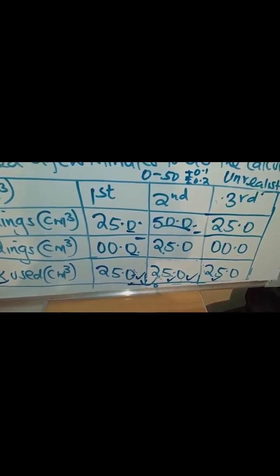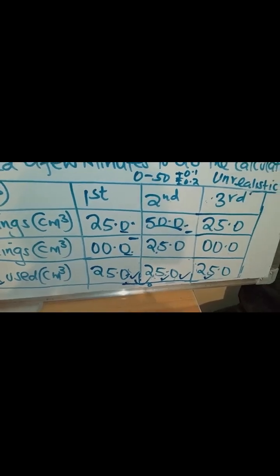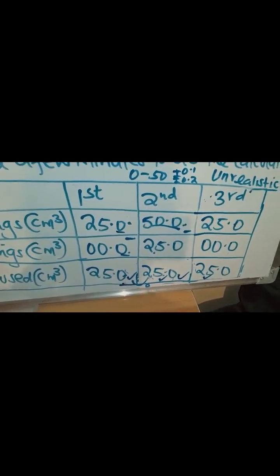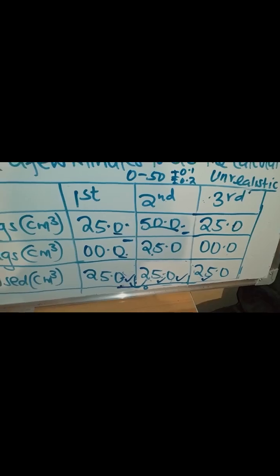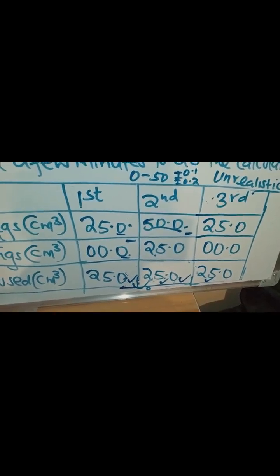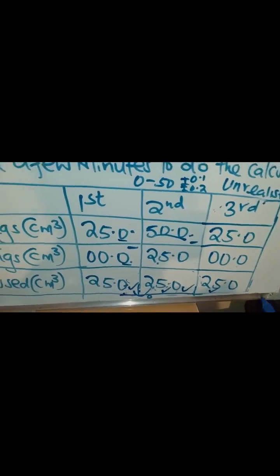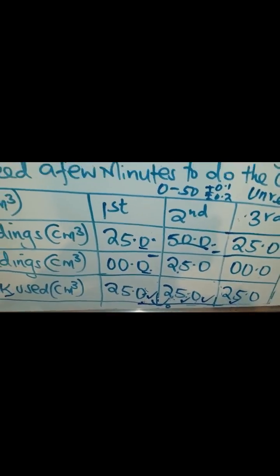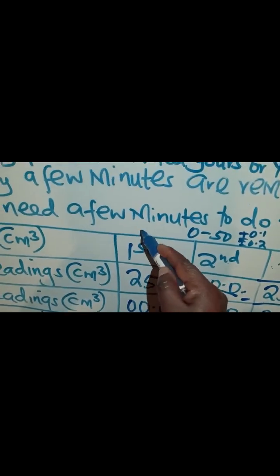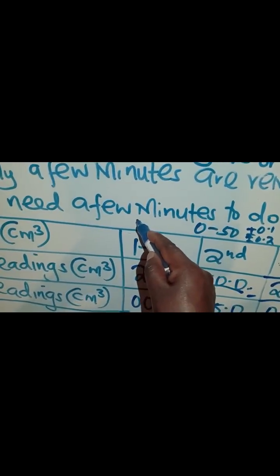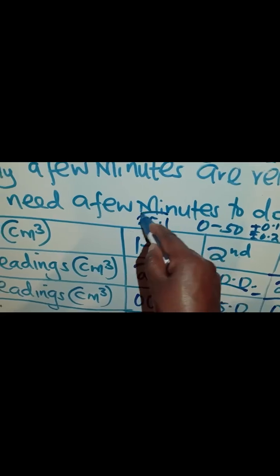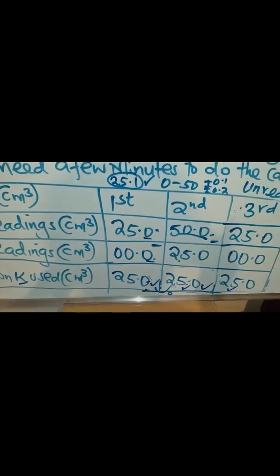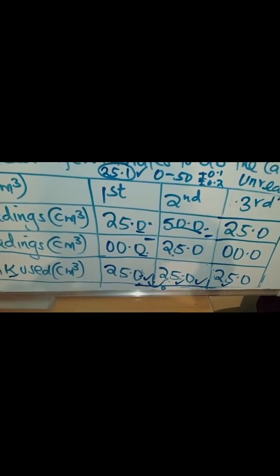So the only mark that you will lose if your value is far away from the teacher's value is the mark for accuracy. But if you are lucky, and let's say that after you have these values, maybe your teacher got an average of, let's say, 25.1. That is the value that your teacher got when he or she was filling the table.